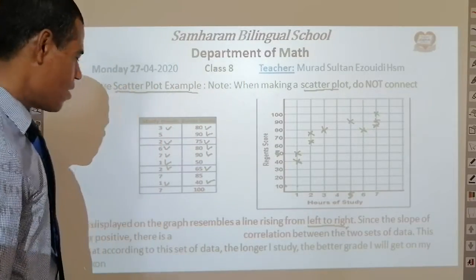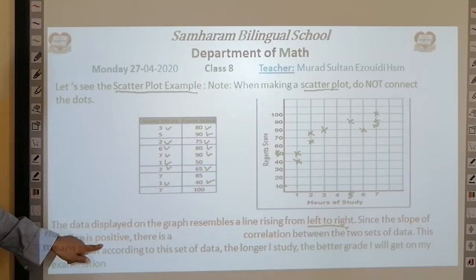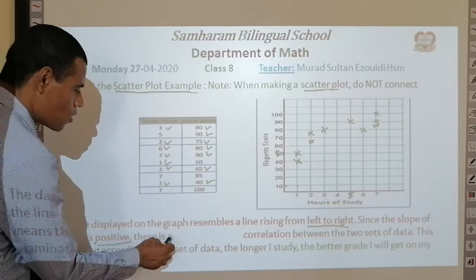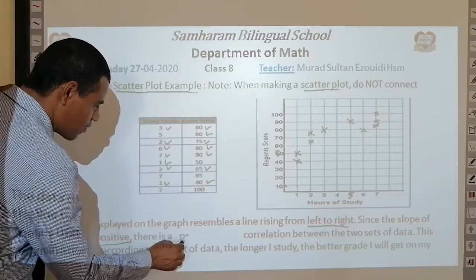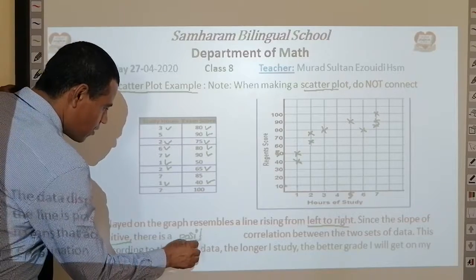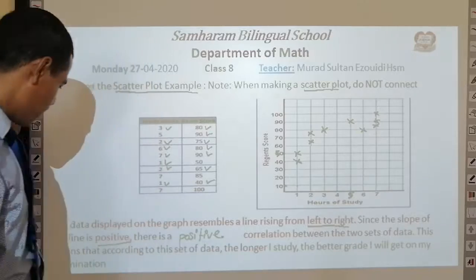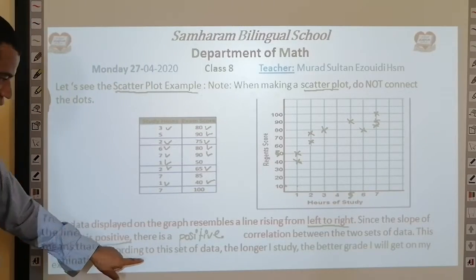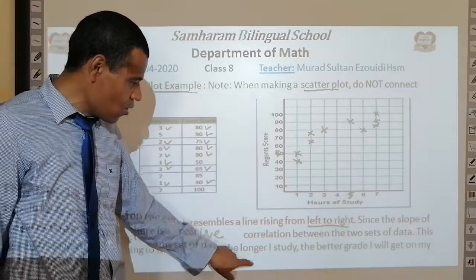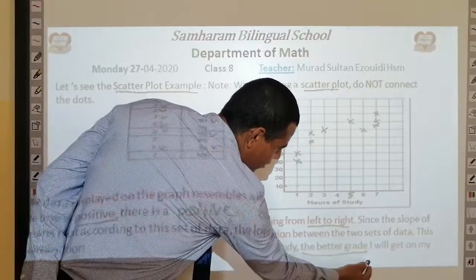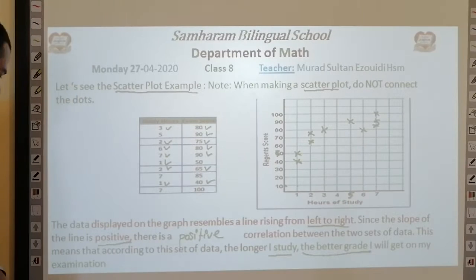Since the slope of the line is positive, there is a positive correlation between the two sets of data. This means that according to this data, the longer I study, the better grade I will get on my examination.